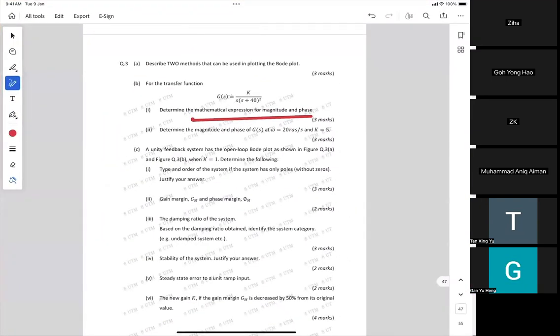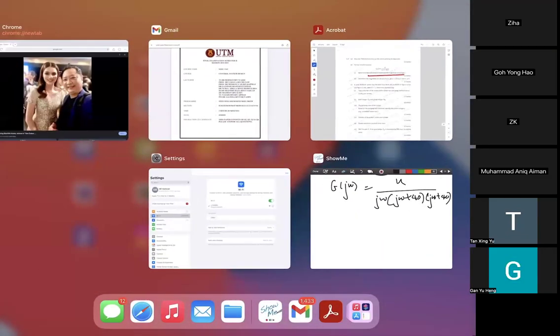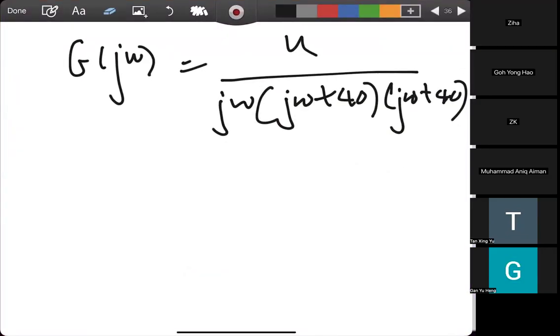Okay, so now we find the magnitude first.